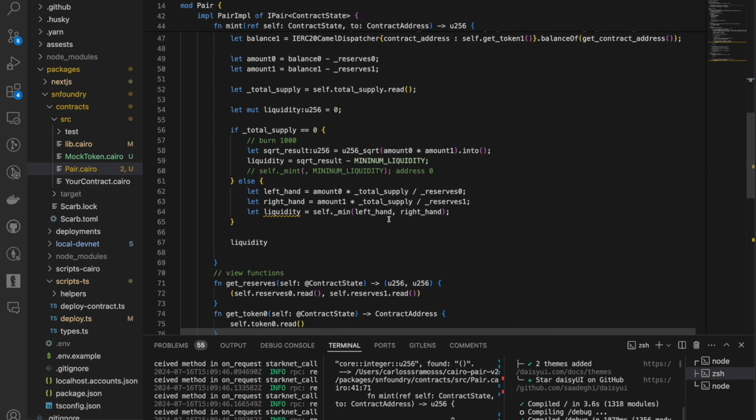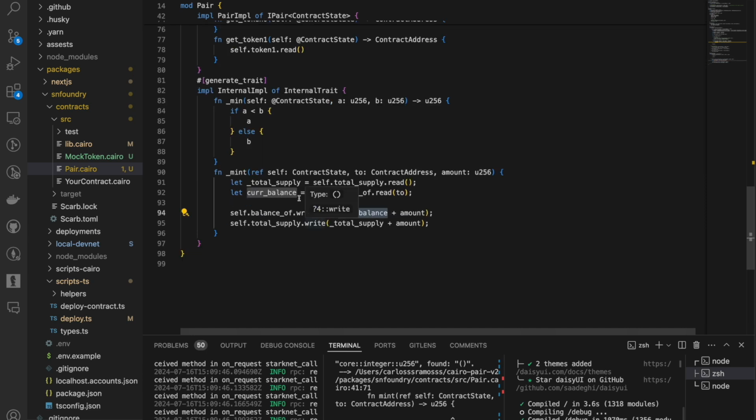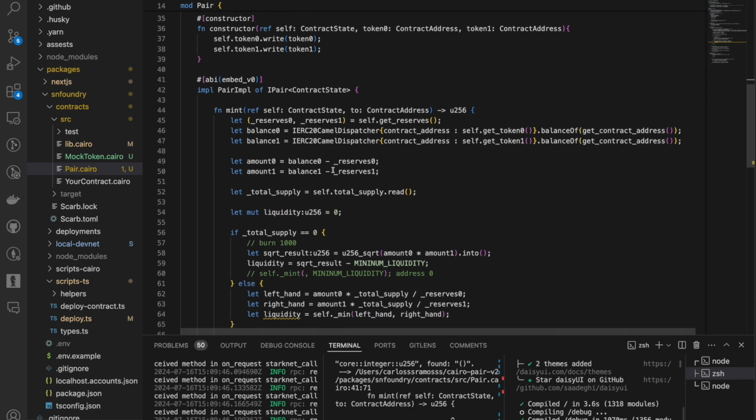This is the legacy map we're using. So read. Alright, we update the balance of the user and we update the total supply. Let's do the address 0 for this as well.